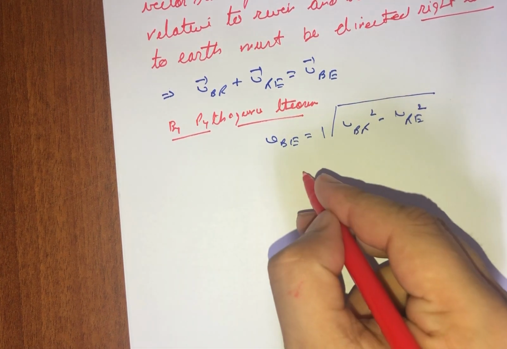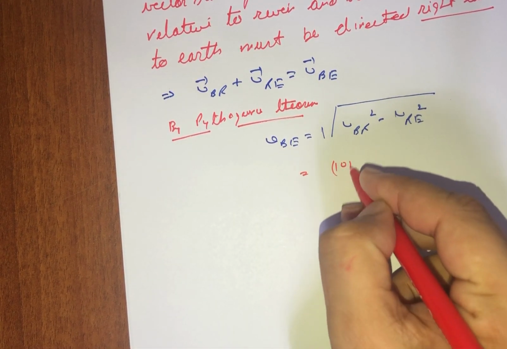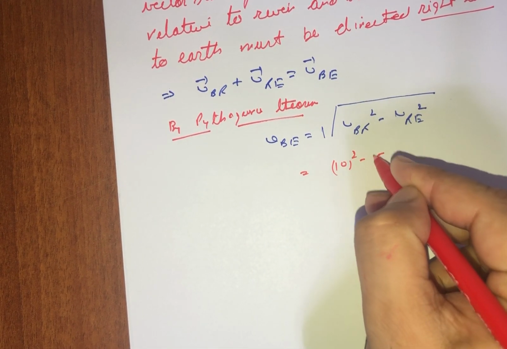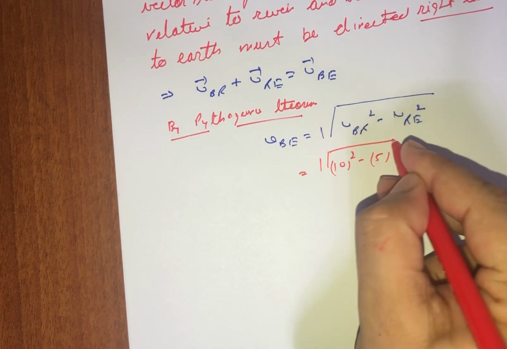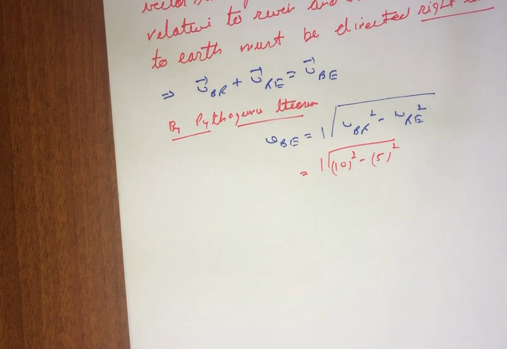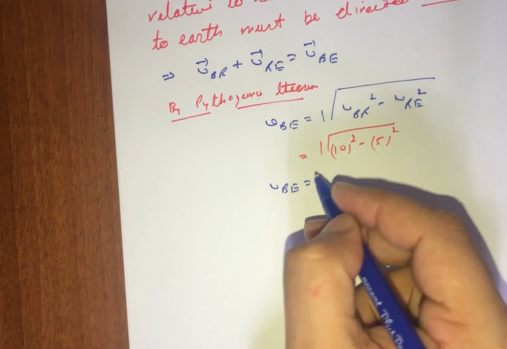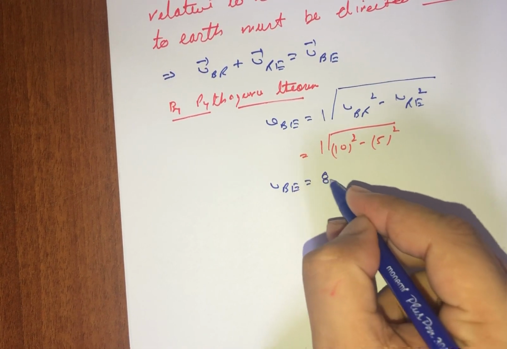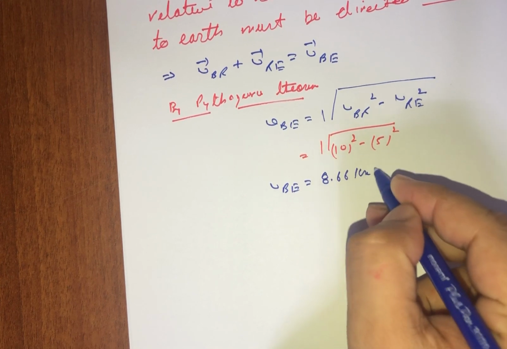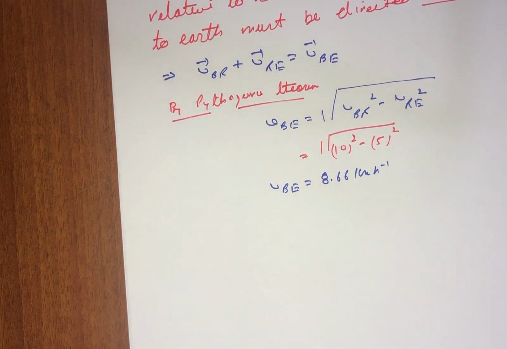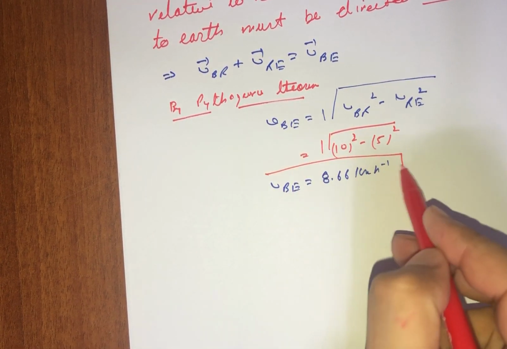So we know the values. First is 10, second is 5, and VBE will be coming as 8.66 kilometer per hour.